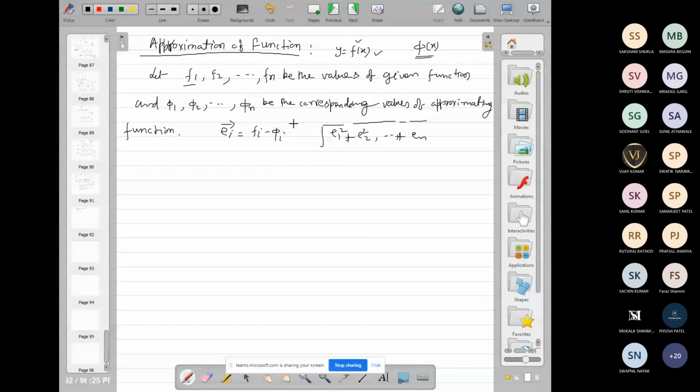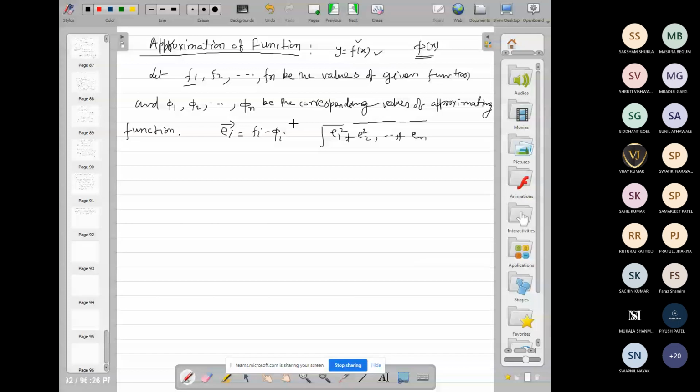What is the advantage? Suppose in Taylor series expansion, we want to calculate the value of e to the power x. Then to obtain the value of e to the power x for given x, correct up to n decimal places, we require many terms to calculate and consider in the series. Actually, it is an infinite series in Taylor series expansion.